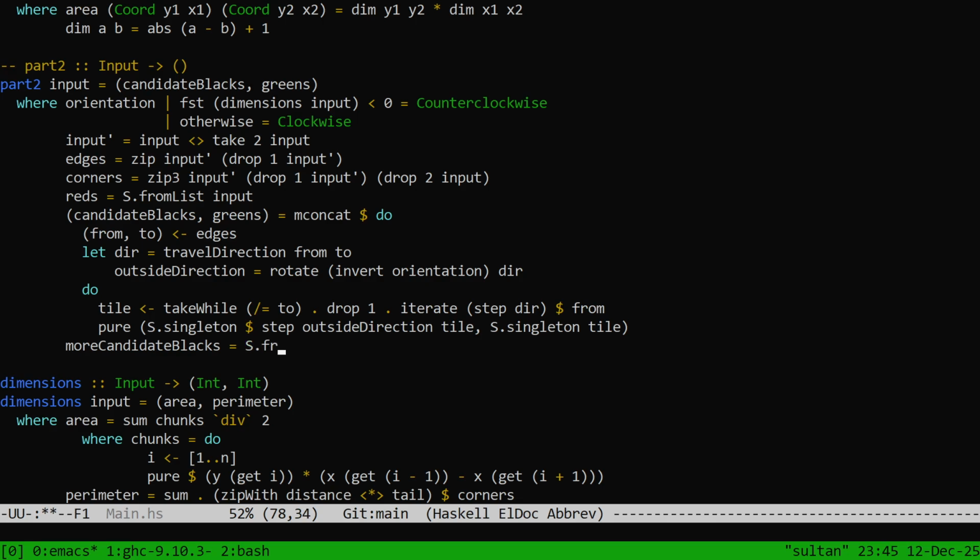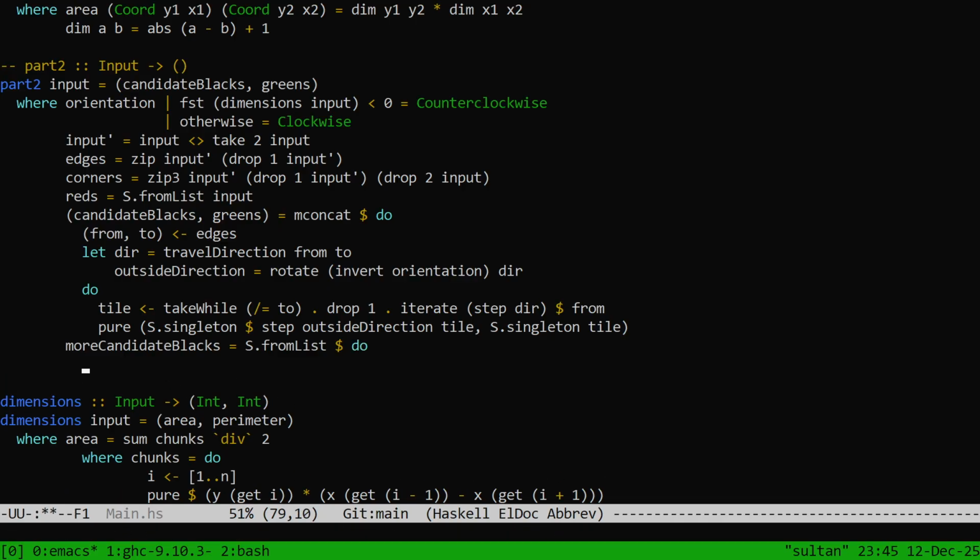And I think here I can say S from list view, right? A, B, and C from corners. And really, I think I should just inline edges and corners. I don't know, it's nice to have them have names, isn't it? Even if I don't use them right away. I think it is.